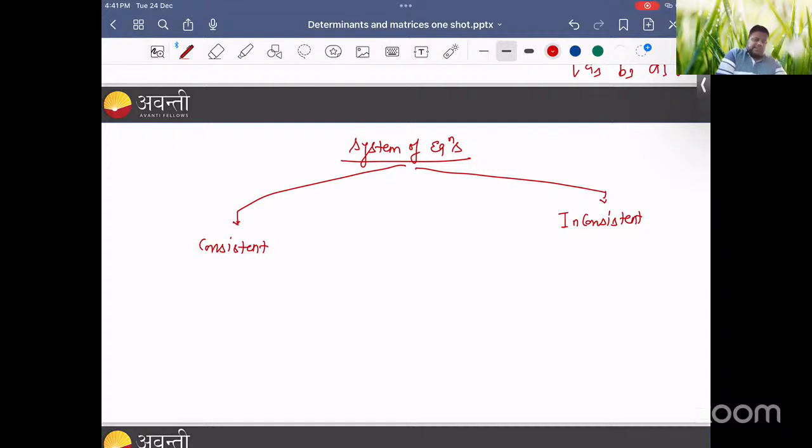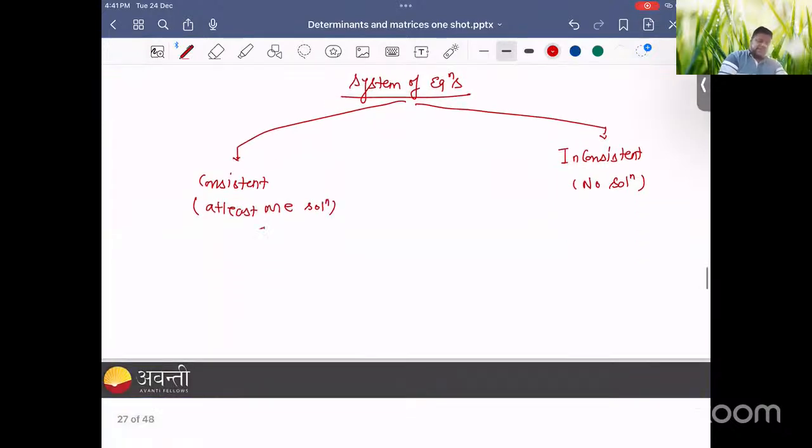Consistent is what we call at least one solution. And inconsistent is what we call no solution. Fine. Now consistent further contains 2 categories: unique solution or infinite solution.